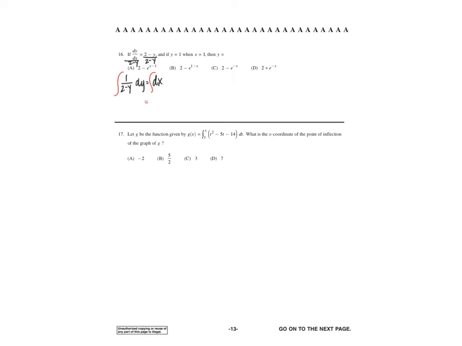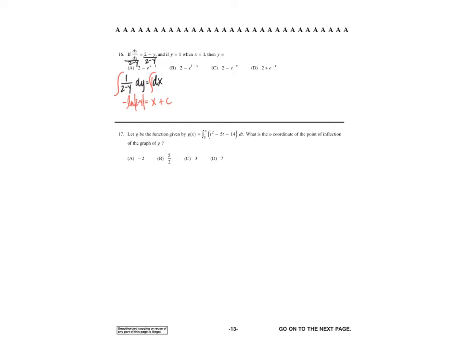The antiderivative of 1 dx would be x plus c. And then the antiderivative of the left side is going to be a natural log of 2 minus y. But be careful, the derivative of natural log of 2 minus y is 1 over 2 minus y, but because I have a negative variable, I'd have an extra chain rule of a negative 1, so I need to counteract that, and I'd have a negative natural log of 2 minus y on the left.